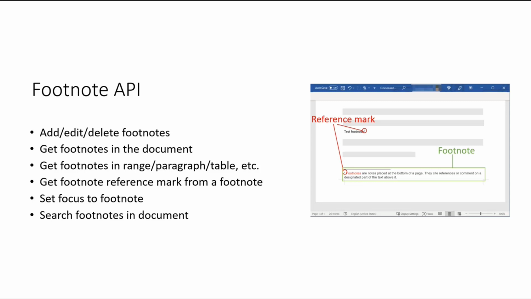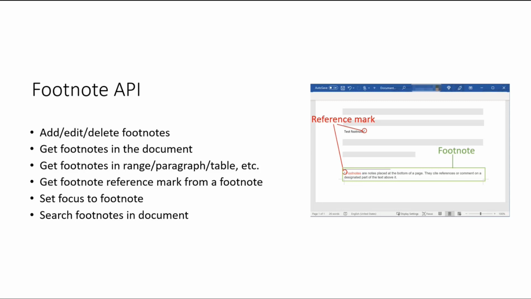You can also get it from different objects, no matter whether it's in a table, in a paragraph, or in a content control. As you know, a footnote has a reference mark in the document. So users can get the footnote from the reference mark and can also get the reference mark from the footnote.